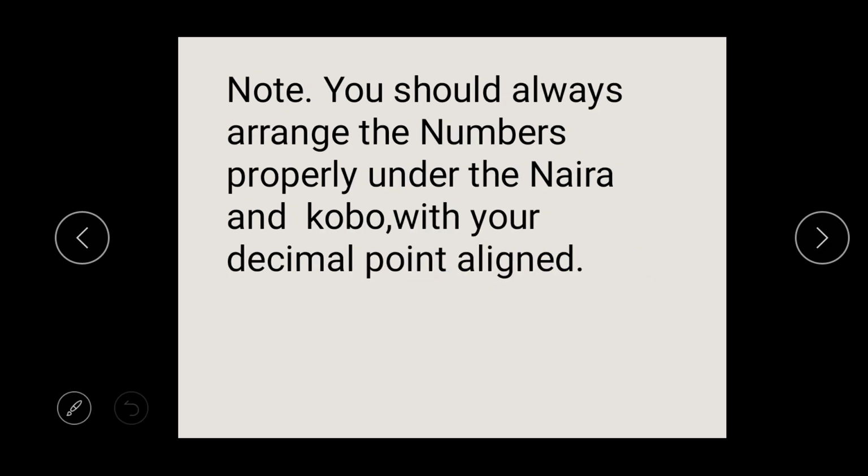Also, you should always arrange your numbers properly, the Naira and the Kobo with the decimal point. So the Naira will be on one side, the Kobo will be at the other side. If you don't arrange them properly, you might not get the right answer.